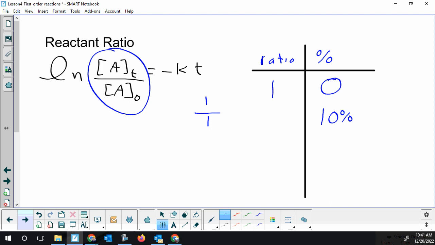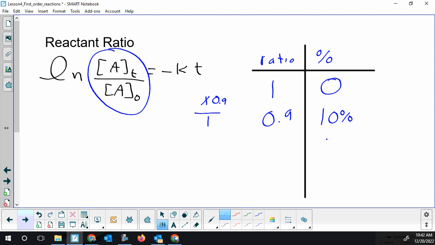So the top would now be down to 0.9 after you've used up 10% of it. And you'd always get that ratio. When you've used up 10% of the top, you're always going to get 0.9 as a reaction ratio. So the percent of reaction and the ratio work opposite to each other. As the percent goes up from 0, the ratio drops down from 1.